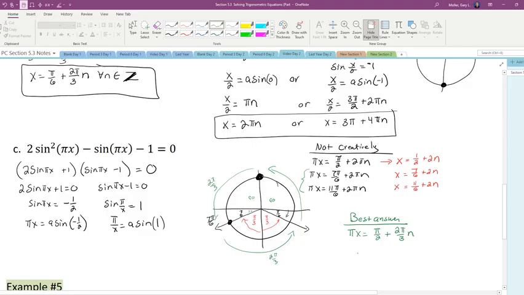And then to solve for x, we would divide by pi, and I would get 1/2 plus 2/3 n for every n that is an integer. Okay, so there's my best answer.